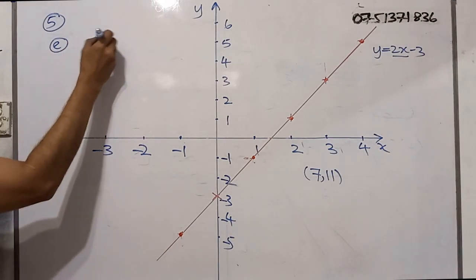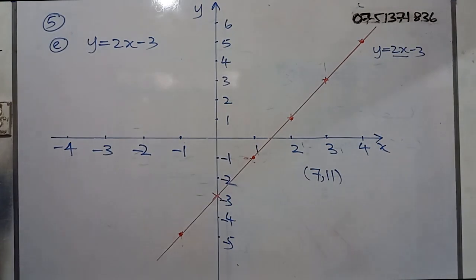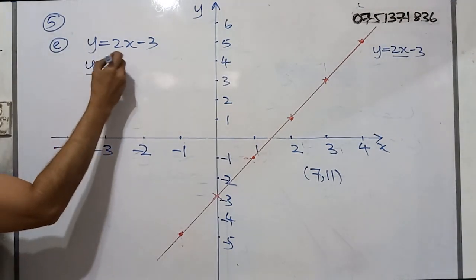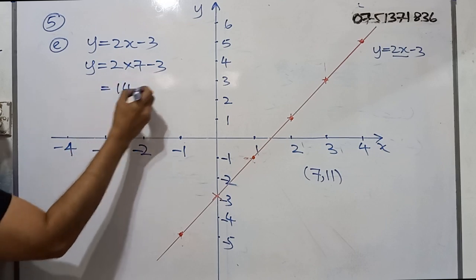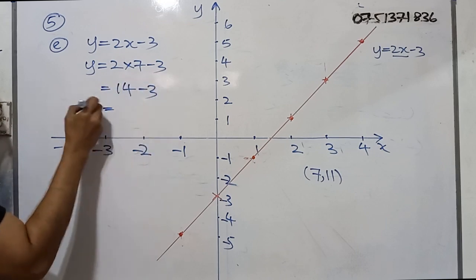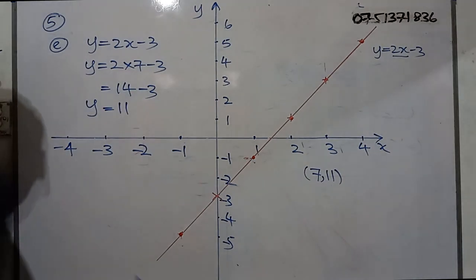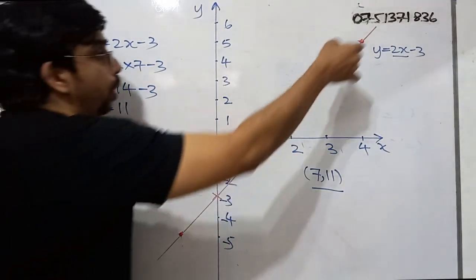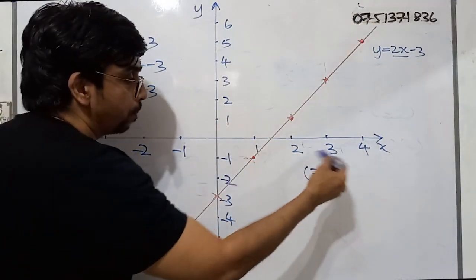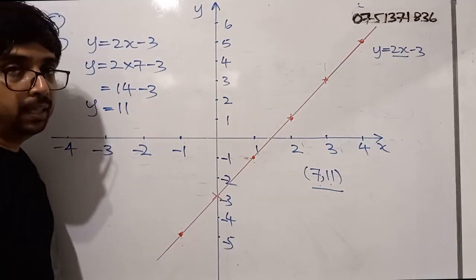So y is equal to 2x minus 3. x will be 7. So y will be 2 into 7 minus 3. 2 into 7, that is 14. 14 minus 3. So y will be equal to what? 11. So that means this statement is true. So on this line, we can observe a point where these two are the x coordinate and the y coordinate.